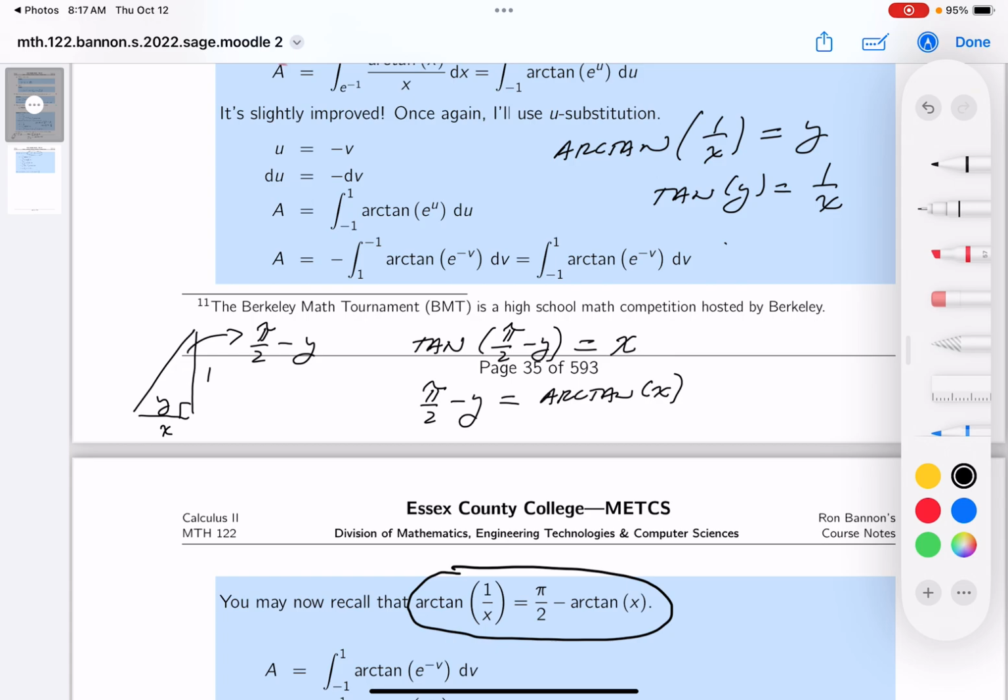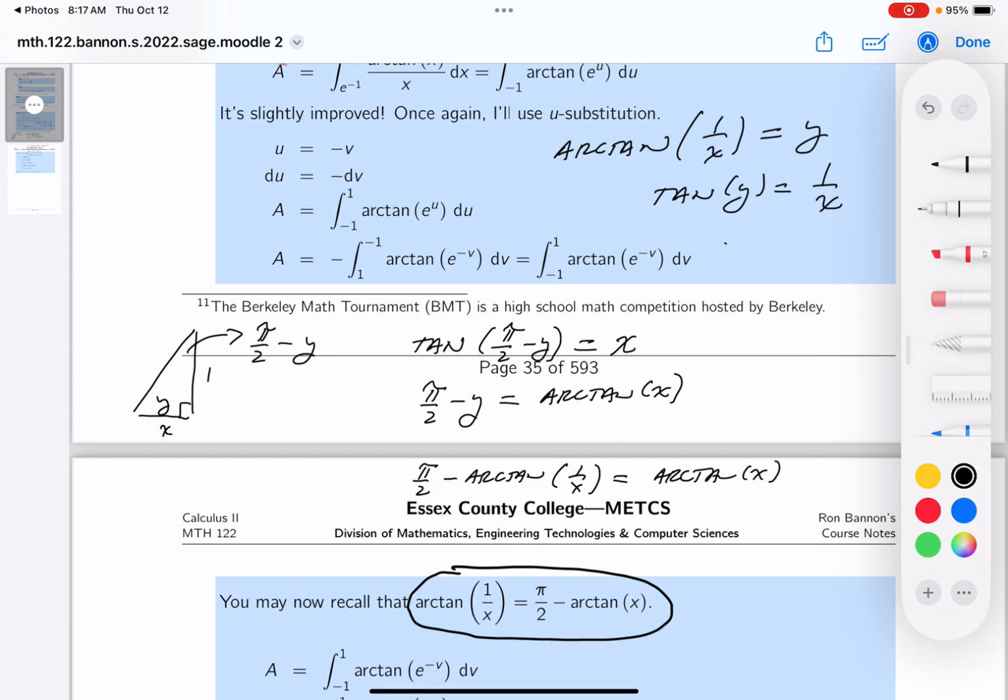And the question is, do I know what y is? I do. So this is pi over 2 minus the arctangent of 1 over x. That's what y is, by the way. And that equals the arctangent of x.